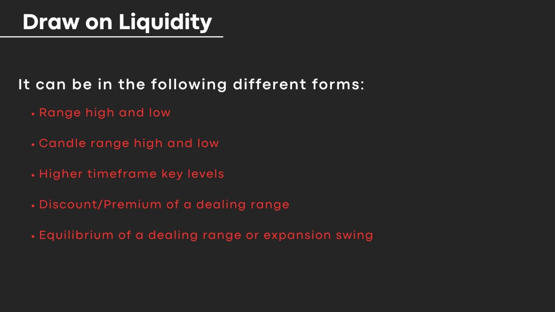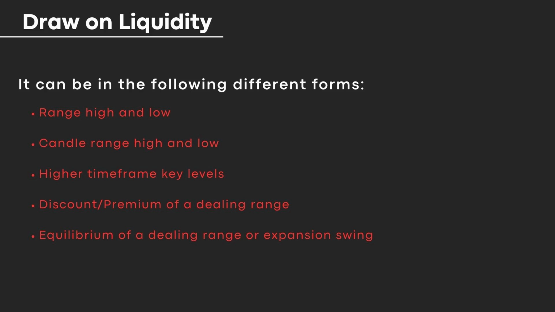Another form is discount slash premium of a dealing range. Now, if you've studied the dealing range chapter that I've made in CPI, then you would know that in every sort of market, there's always a dealing range and it has two halves, premium and discount. And then, depending upon the order flow and market profile that you're working with, it can have two different qualities and characteristics, right?